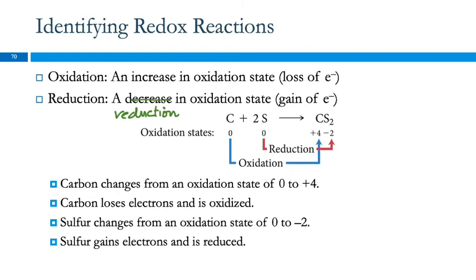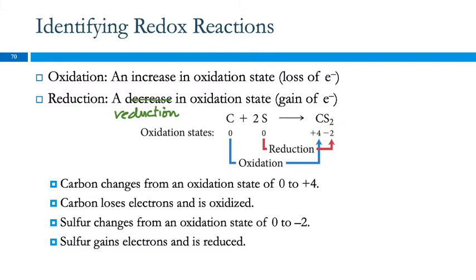So if we look at the reaction between carbon and sulfur to form carbon disulfide, we have two nonmetals reacting. Here, this carbon has a 0 oxidation state, and the sulfur has a 0 oxidation state. Over here in the compound, we think of Fa765. There's no fluorine, no hydrogen, no oxygen, no group 7, but sulfur is in group 6.